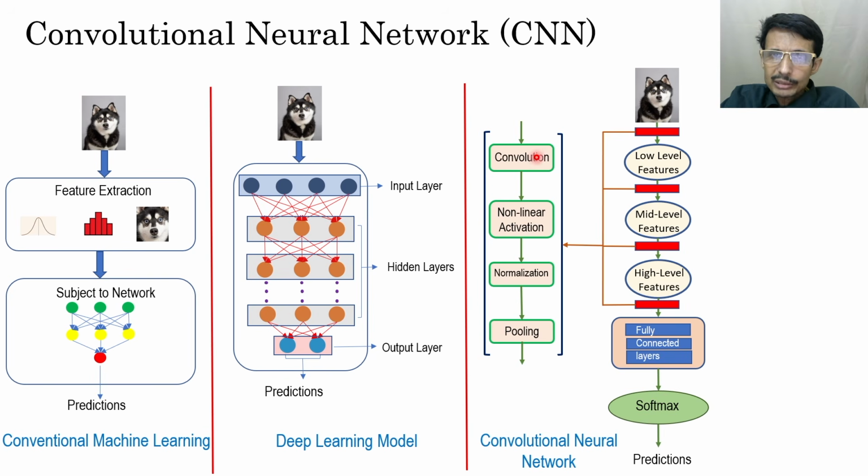And one module, as we discussed in an earlier slide, has a convolution layer, nonlinear activation, normalization, pooling, etc. So that is the basic understanding of the difference between conventional machine learning and deep learning, and how a convolutional neural network is set up based on the concept of deep learning.